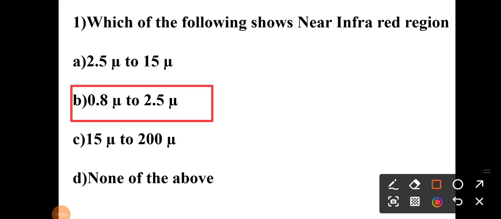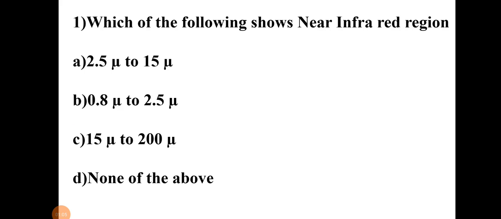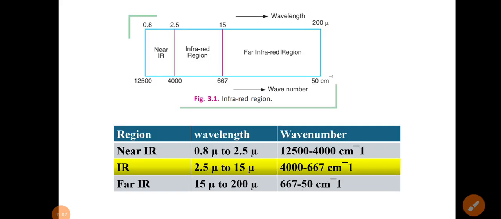These values are given in microns, but you have to know the ranges in centimeter inverse also. Here are the ranges of near IR, mid IR and far IR. In wavelength they are given in micron ranges, and in wave number they are given in centimeter inverse.